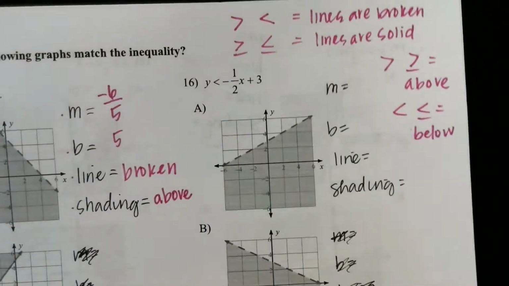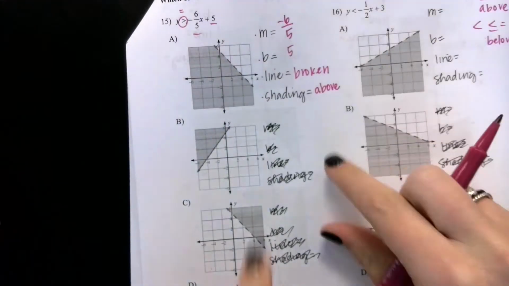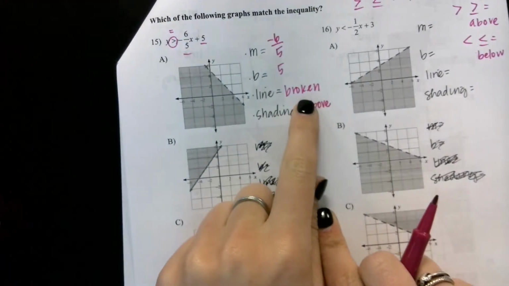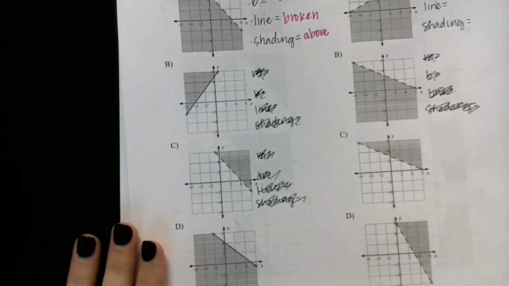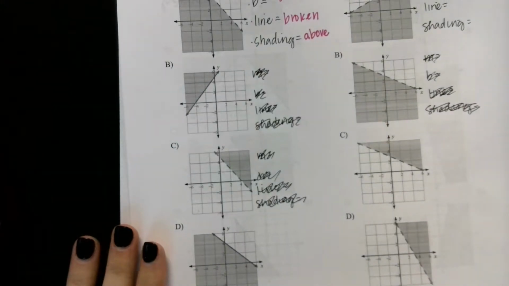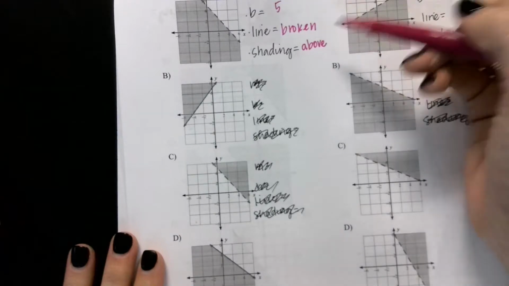Looking at our answer choices, we'll be able to eliminate some of them, just like you will on your ESE and on your CA. We're looking for a dotted line or a broken line. So which two answer choices can we eliminate in number 15, knowing that our line has to be dotted or broken?